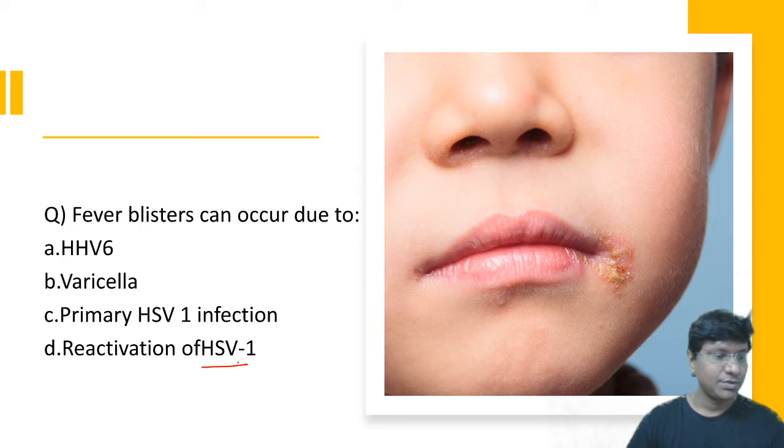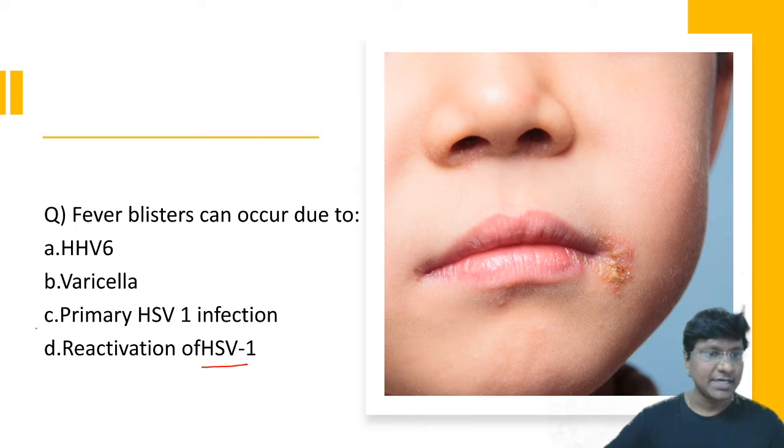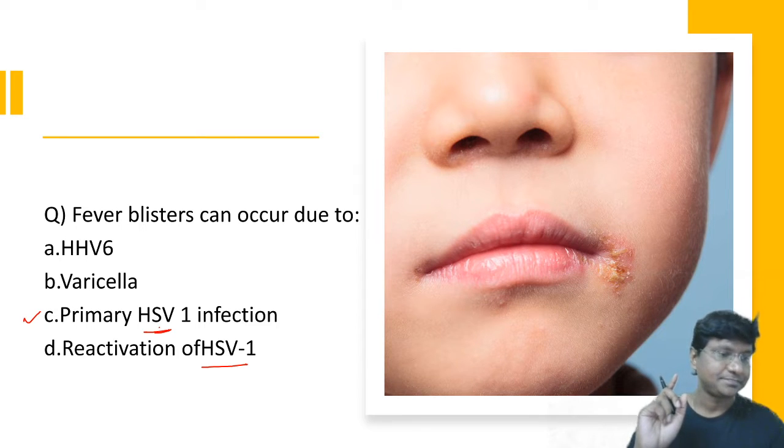Ritesh Raja has answered this correctly. It mainly occurs due to reactivation of HSV1, not due to primary infection of HSV1. This is a very important point to remember. Most of you will tend to go with primary HSV1 infection, but that is not correct. Fever blisters mainly occur due to reactivation of HSV1.